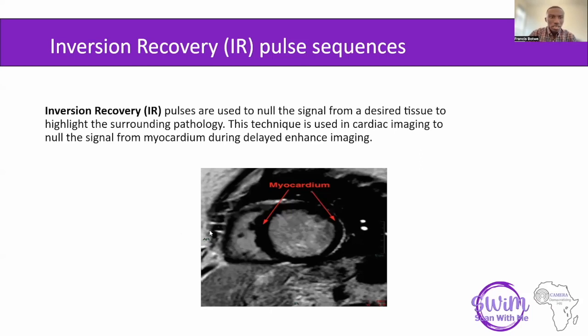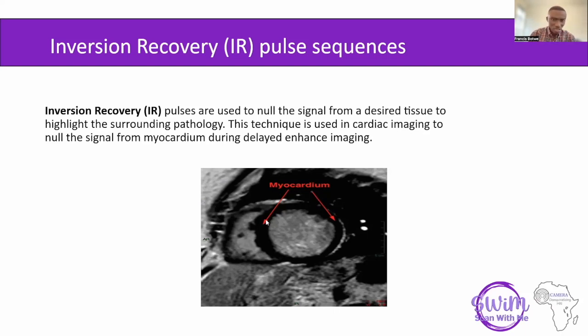So let's look at the inversion recovery pulse sequence. This is a type of spin echo pulse sequence, and is used to nullify the signal from desired tissue to highlight the surrounding pathologies. So what this means is we want to suppress some part of the heart, so that we give more emphasis to some particular parts.